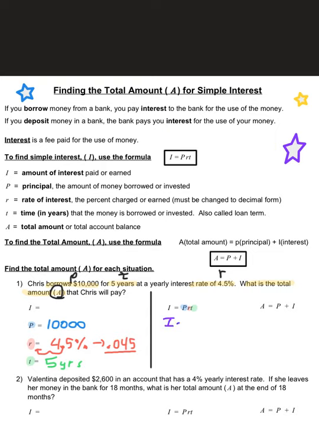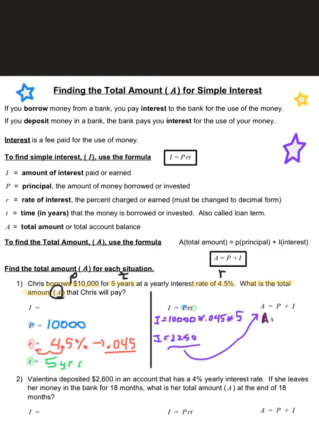And I don't know the I, so bring that down, equals 10,000 times 0.045 times 5. And that will equal $2,250. But we're not finished, that's just our I. We're going to then have to go ahead and fill that into the amount formula. Now A we don't know.